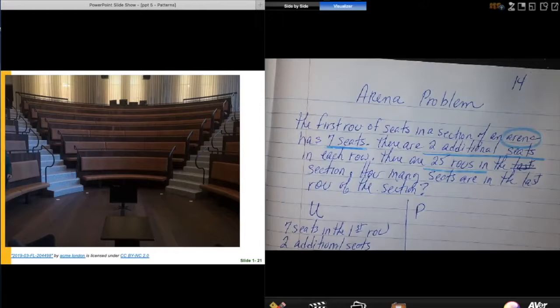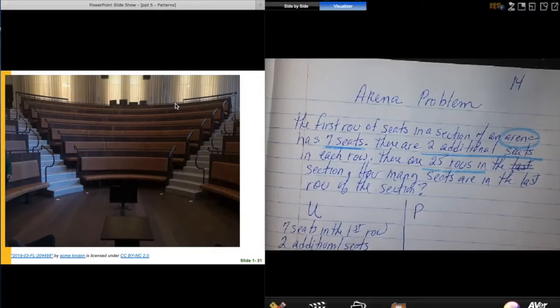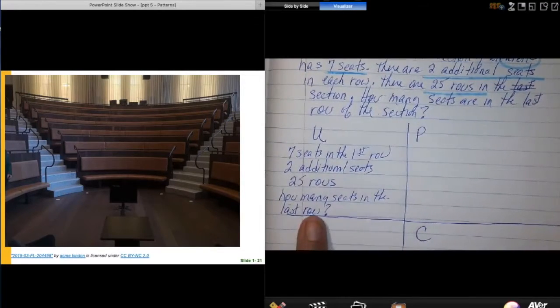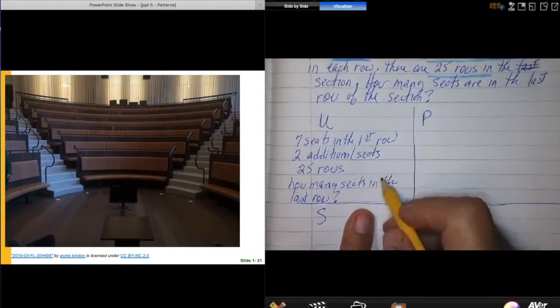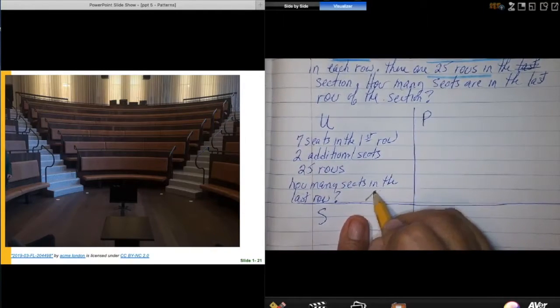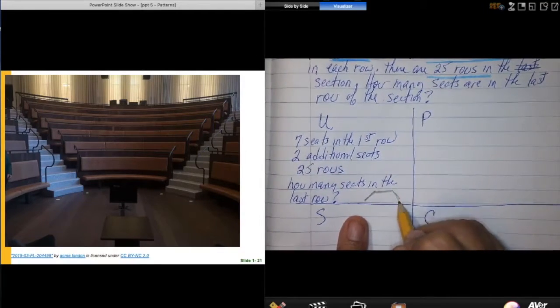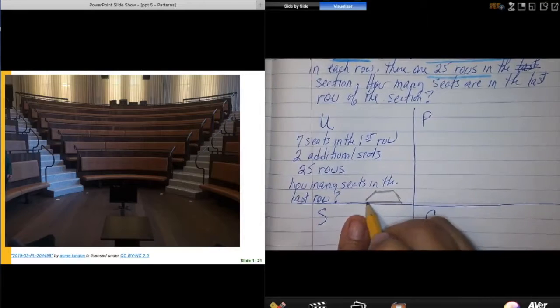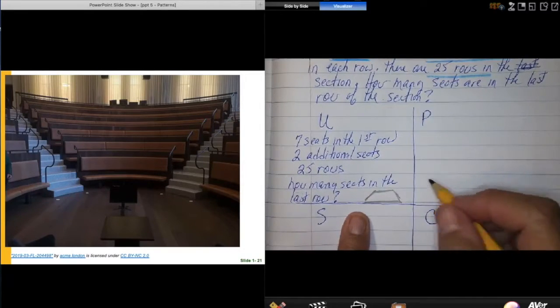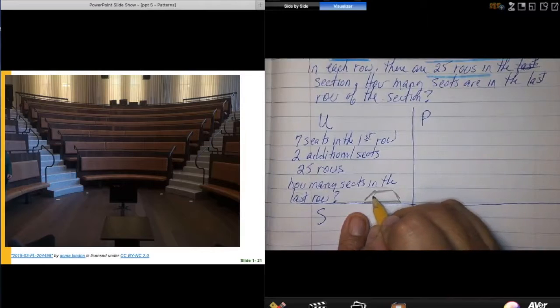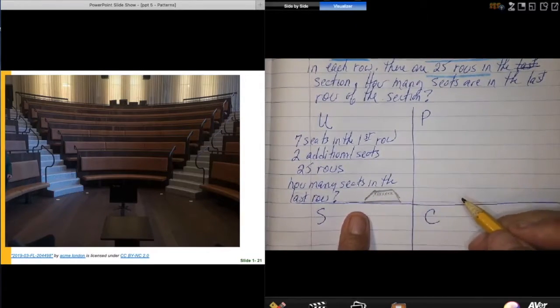But anyway, I wanted to show that the first row is smaller, and then the second one is longer, and the third one's even longer and longer until you go all the way to the back. So that's what I'm trying to show here. And so we may want to draw a little sketch of an arena. We may want to explain that the first one has 7, and then we're adding 2.